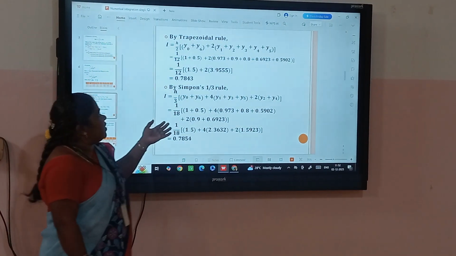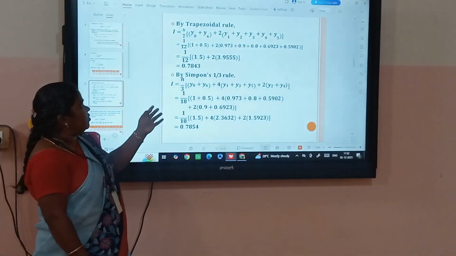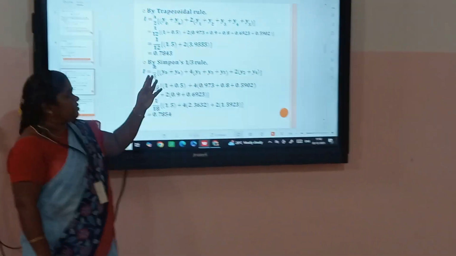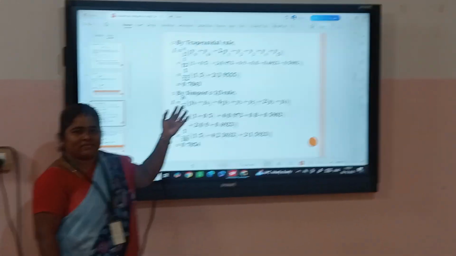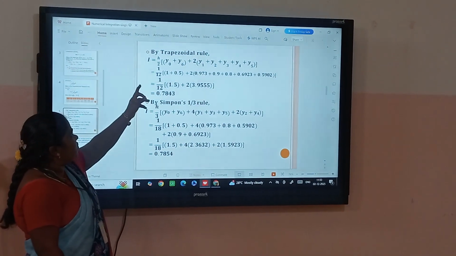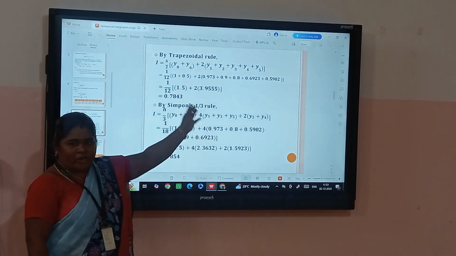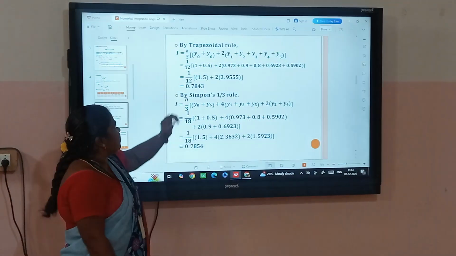By applying the trapezoidal rule formula, I equal to h by 2 [y0 plus y6 plus 2 into remaining values], which is y1 plus y2 plus y3 plus y4 plus y5.